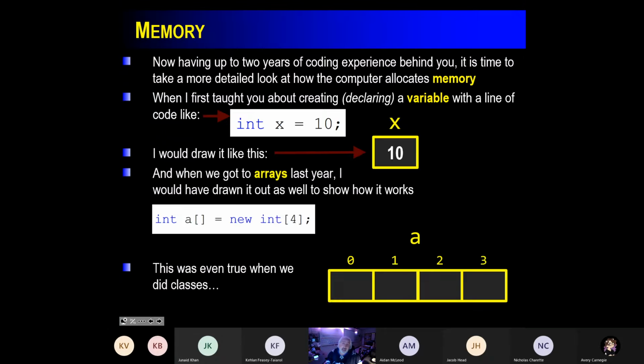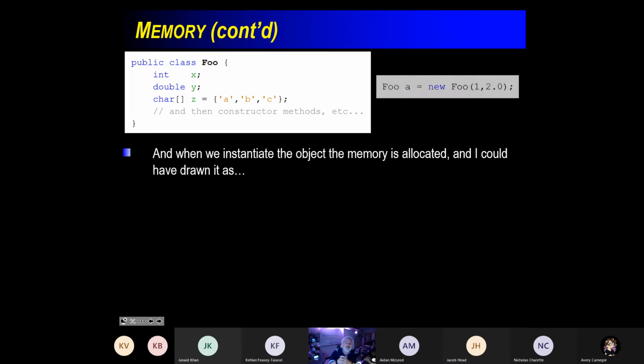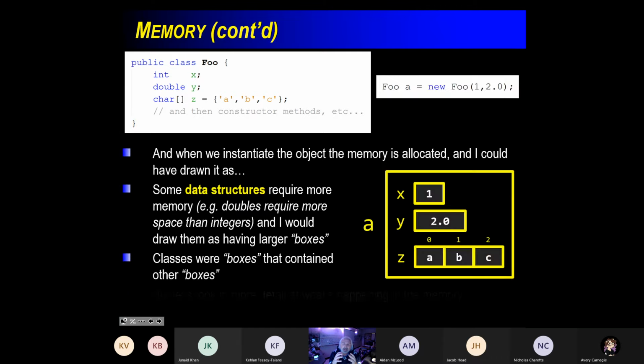When you guys got to arrays, as I am doing with the 30S just a few minutes ago, I would help you visualize it as just a series of boxes, but you had to also visualize the little index numbers. Then when you got to the unit called classes, as we are in now, more advanced classes, you can visualize it in memory as a collection of boxes of other boxes.